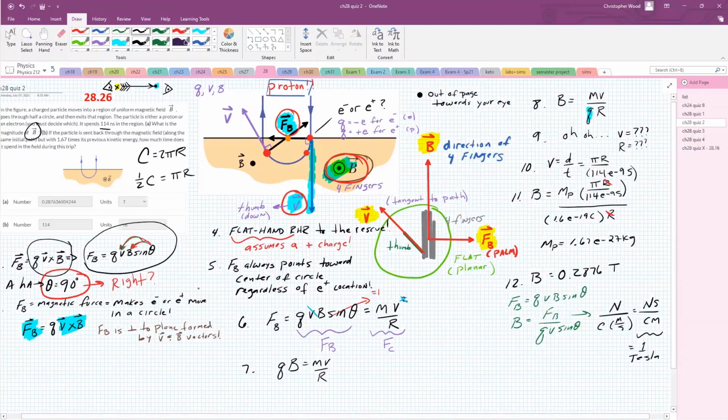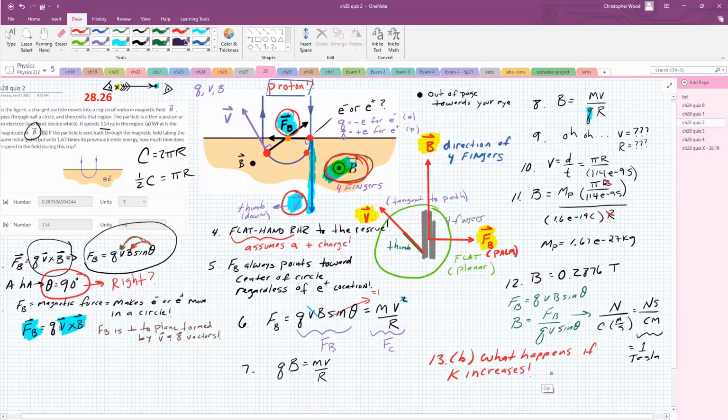I'll make some notes for part B. Part B says, what happens if the kinetic energy increases?